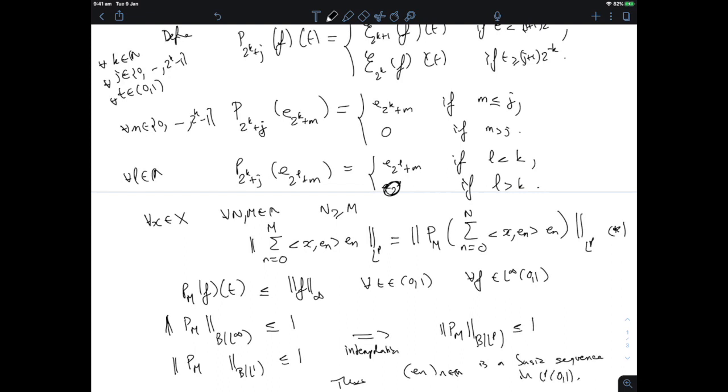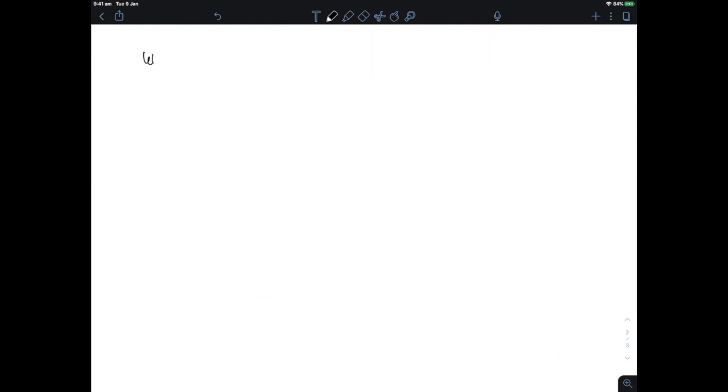Excellent. Now let's show that this is indeed a basis. So in order to do that, let's first consider f a continuous function on the closed interval [0,1]. Now what happens, let's say for k in ℕ, if I look at E_{2^k} of f of t minus f of t for all t in [0,1].